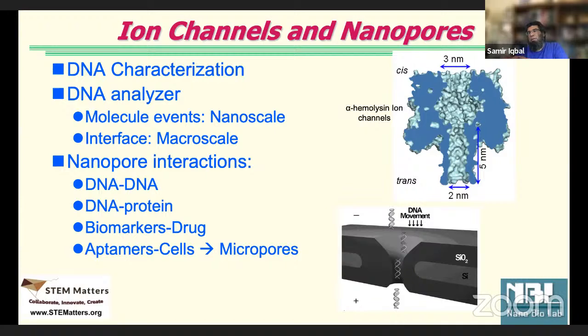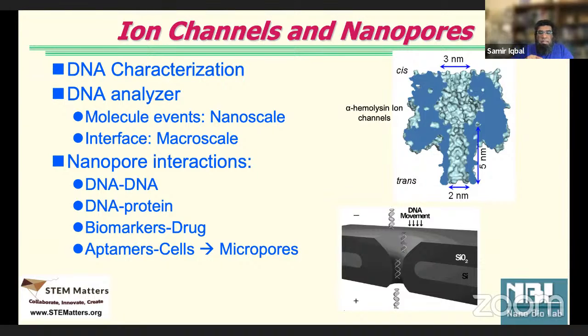So there are two types of nanopores. They use the bio ion channels, or we create them ourselves. What we do is we make a very thin membrane and we make a very small hole, 2 nanometers or something like that, because DNA is 2 nanometers wide. And that is used to then measure DNA properties.